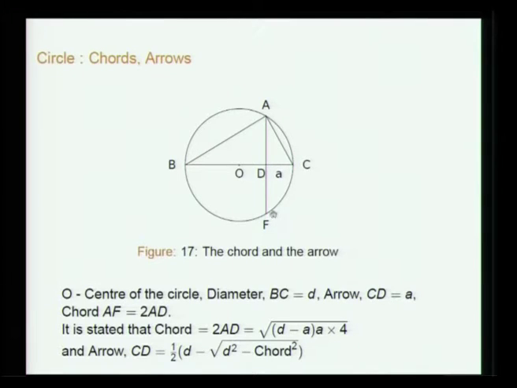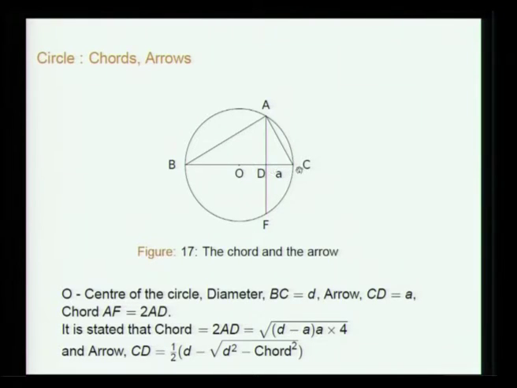And the Ja is this chord AF, the full Ja, and this AD is essentially the sine of the angle AOD. So, that is Jardha. The whole Ja is this, chord AF is 2 into AD, and the arrow is CD.